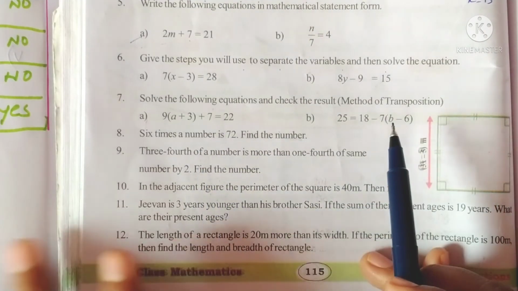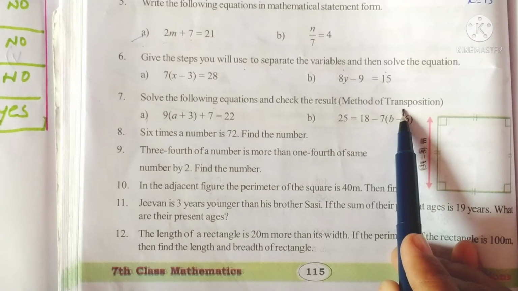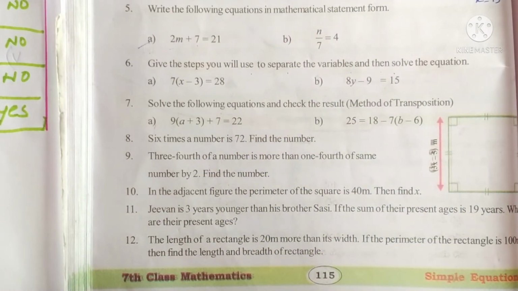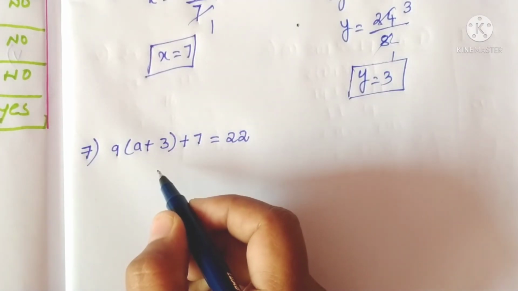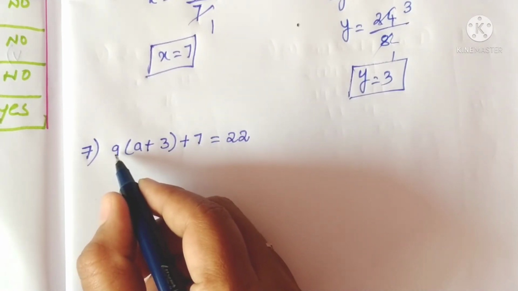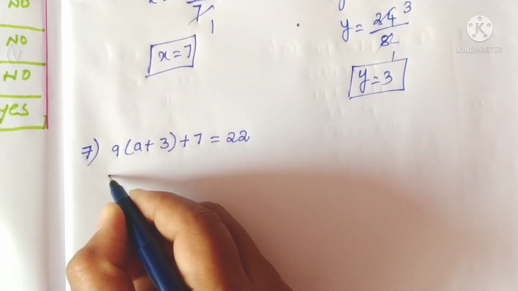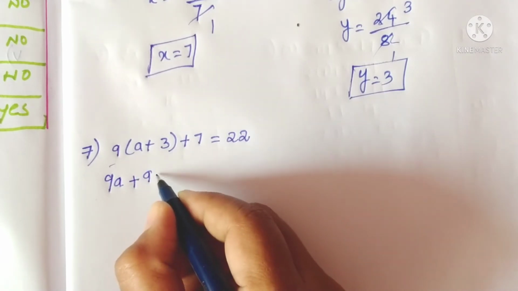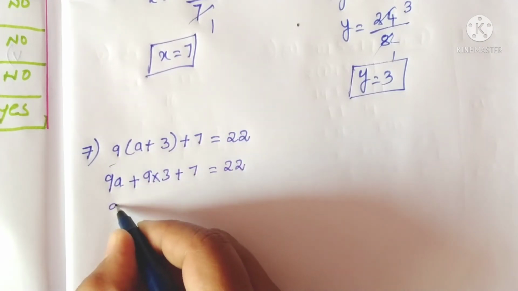Seventh one, solve the following equations and check the result. Method of transposition they ask. So we have to solve and we have to do the checking also. So first one, 9 into a plus 3 plus 7 is equal to 22. So if we take 9 inside the bracket, 9 into a, 9a plus 9 into 3, plus 7 equals 22.